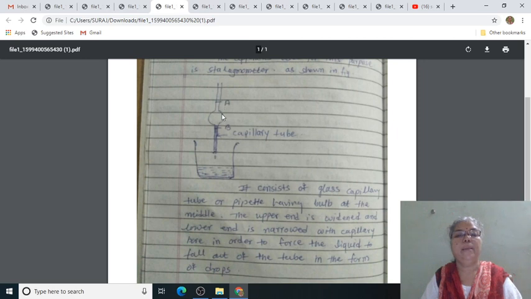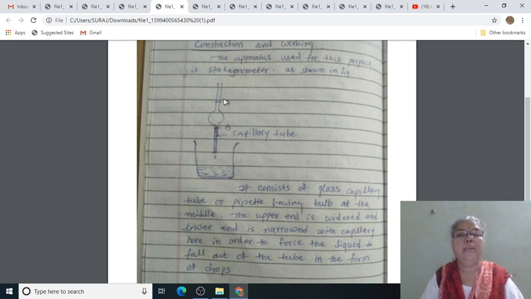From A to B, the number of drops are measured for liquid 1 and liquid 2.